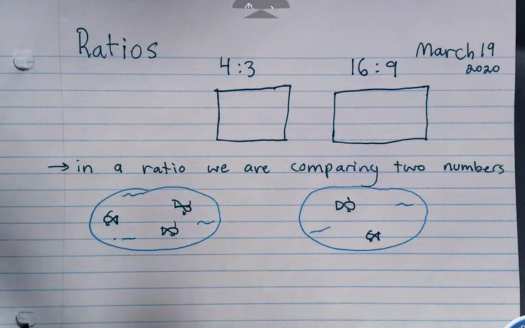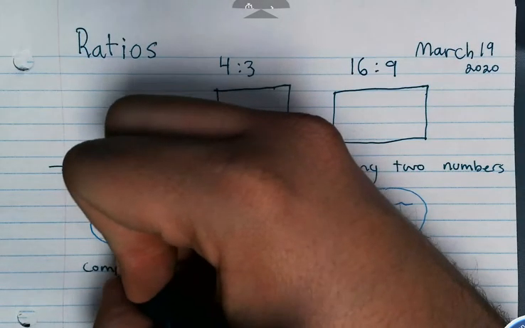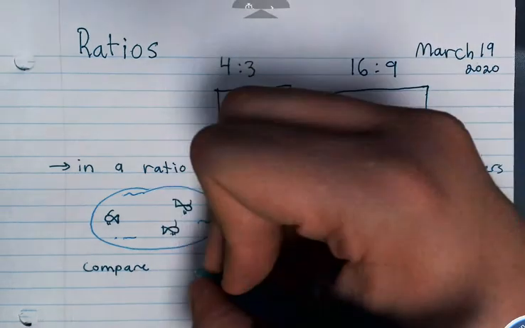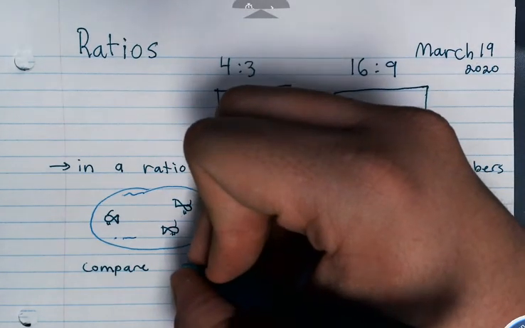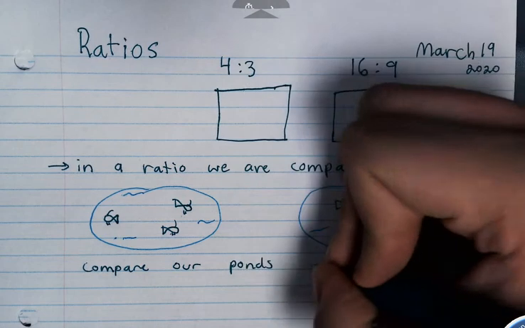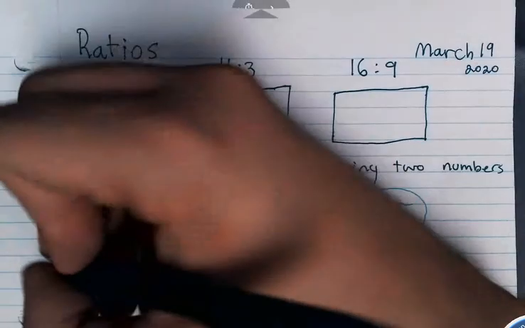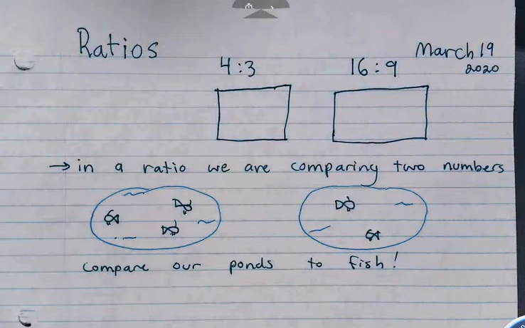So in a ratio, we are comparing two different numbers. Just to start, let's compare our ponds to fish. How can we compare the number of ponds we have to the number of fish we have?